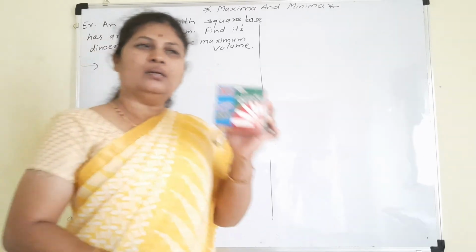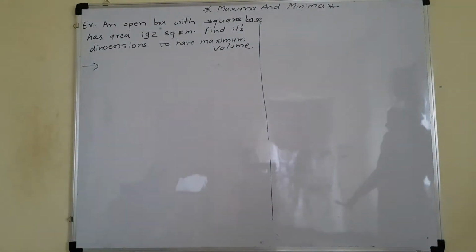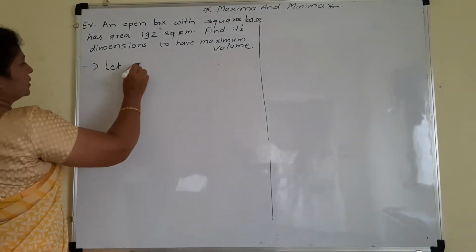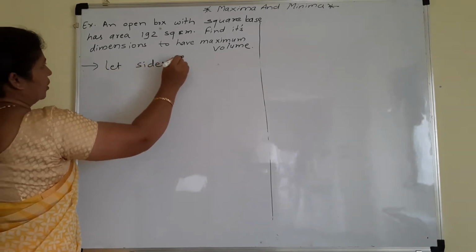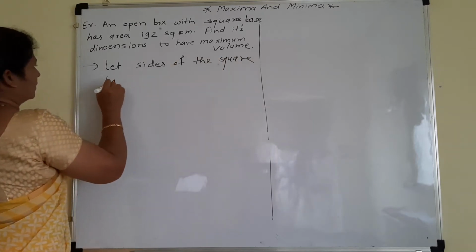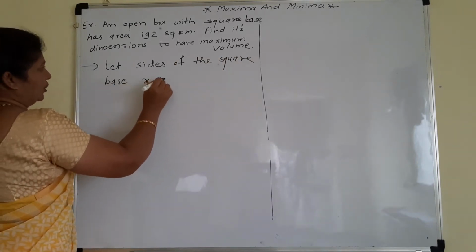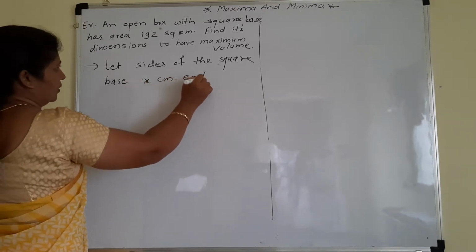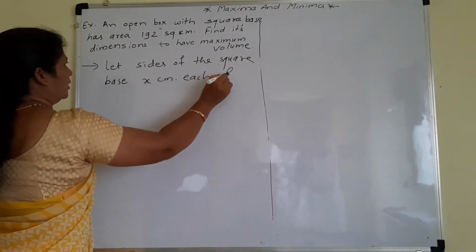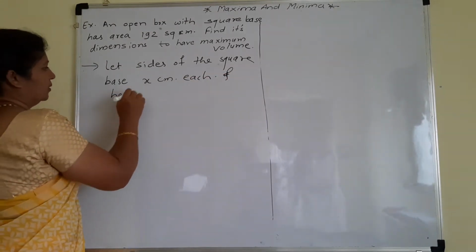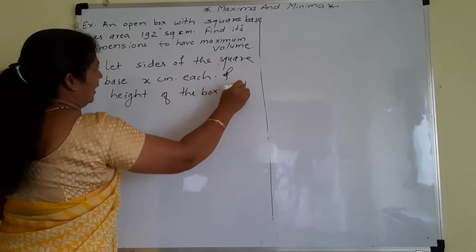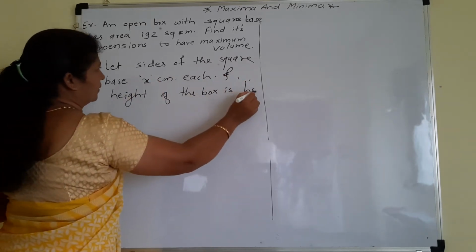So let us consider the sides of the square base x centimeter each, since it is square, and height of the box is h centimeter.